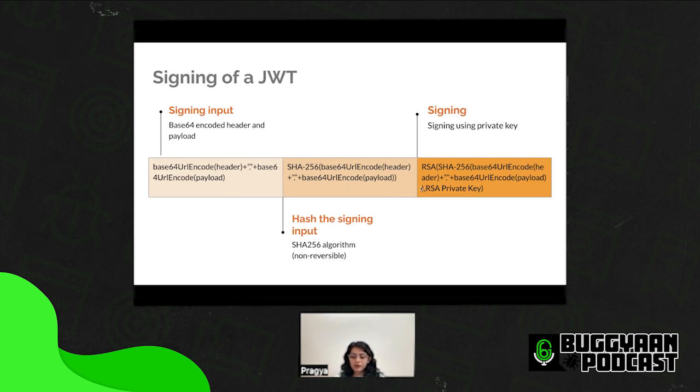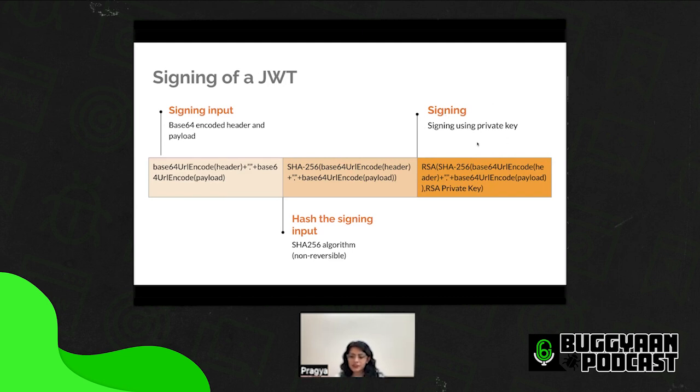There can be two types of signing algorithms. We can either use symmetric cryptography or asymmetric cryptography. Symmetric cryptography is when you use a single secret key for signing and verifying. Asymmetric cryptography is when there is a key pair, a public key and a private key. Suppose this is asymmetric cryptography.